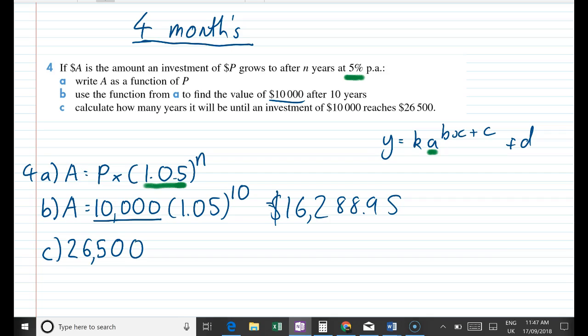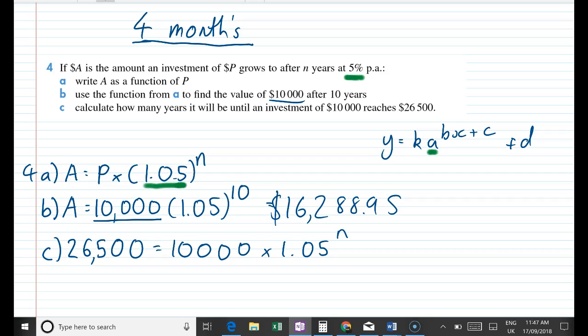Then that equals 10,000 times 1.05 to the power of n, the number of years. And n is what I'm trying to find. So my first step is just to divide by 10,000.